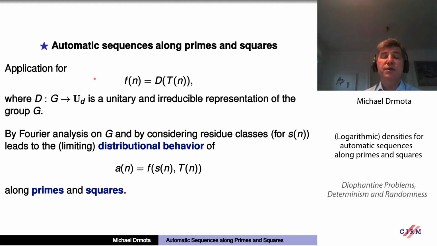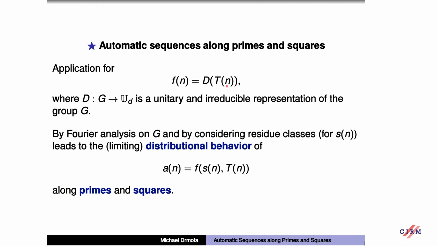What we have to do is apply this for d of t of n, where d is a unitary and irreducible representation of the group G, where this sequence t of n lives. So t of n is related to this representation of an automatic sequence.